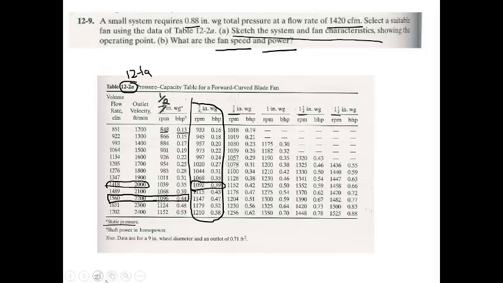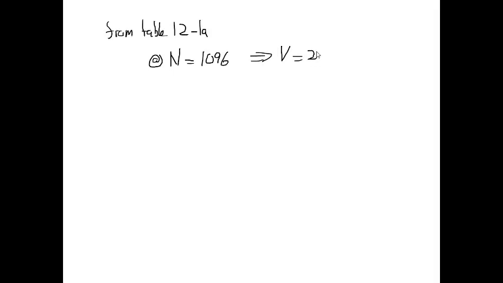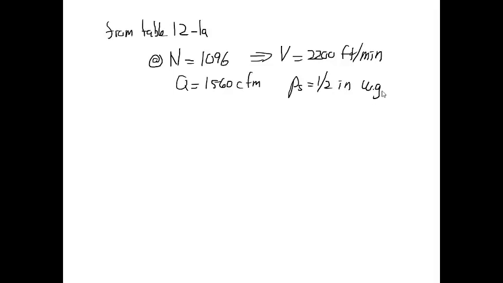If I were to pull those numbers, again from the table, at an RPM speed of 1096, I get a velocity of 2200 feet per minute and a flow rate of 1560 CFM for a static pressure of 1/2 inch of water.